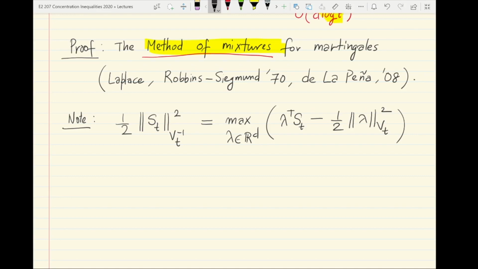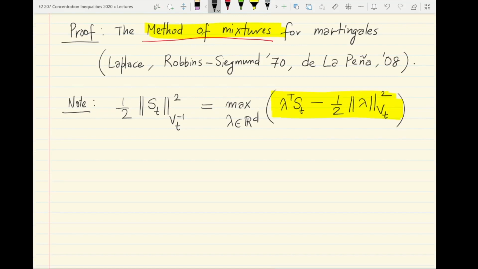So if we transfer our attention to the right hand side here, we would like to control the left hand side. One sufficient way to control the left hand side is to be able to control this particular quantity here for every possible value of lambda, thus leading to an upper bound on the left hand side.